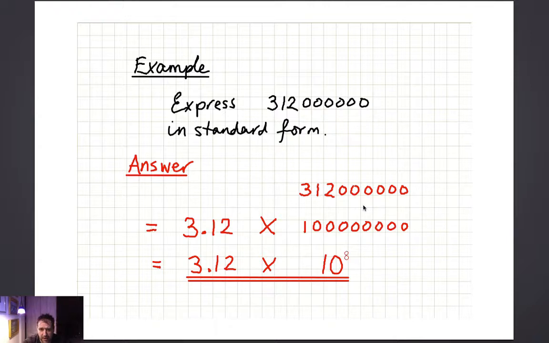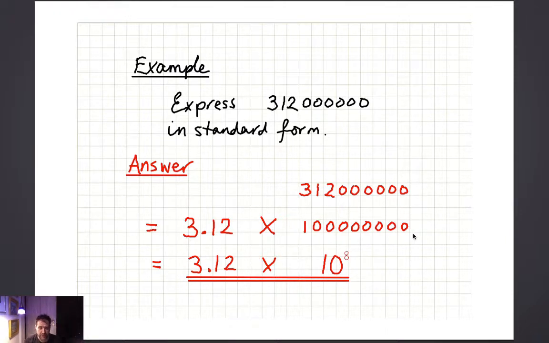And people make the mistake of counting the zeros in the original number. If you look at the original number, it's got only 6 zeros in it, but when you write the number here, it's got 8 zeros in it, because the 0.12 is swallowing up 2 of the places that have zeros in it here.